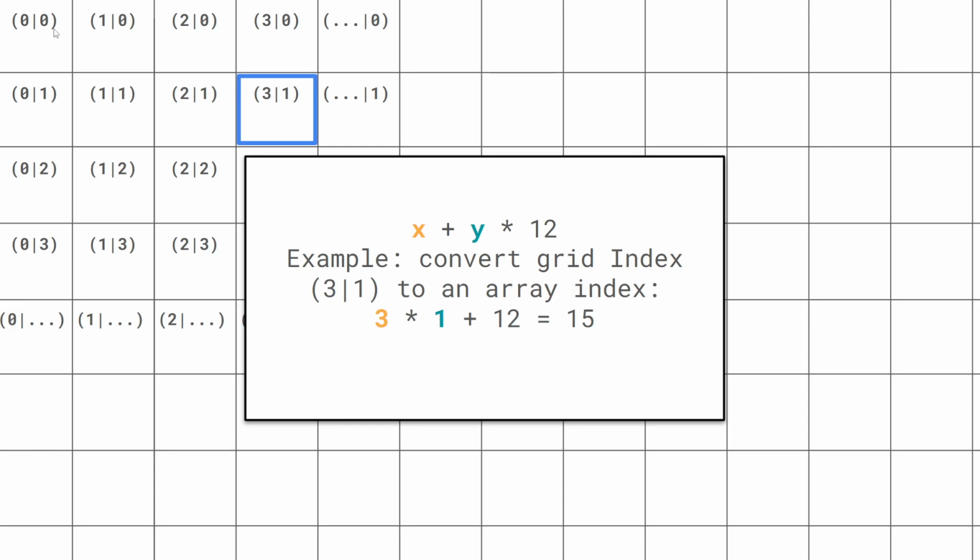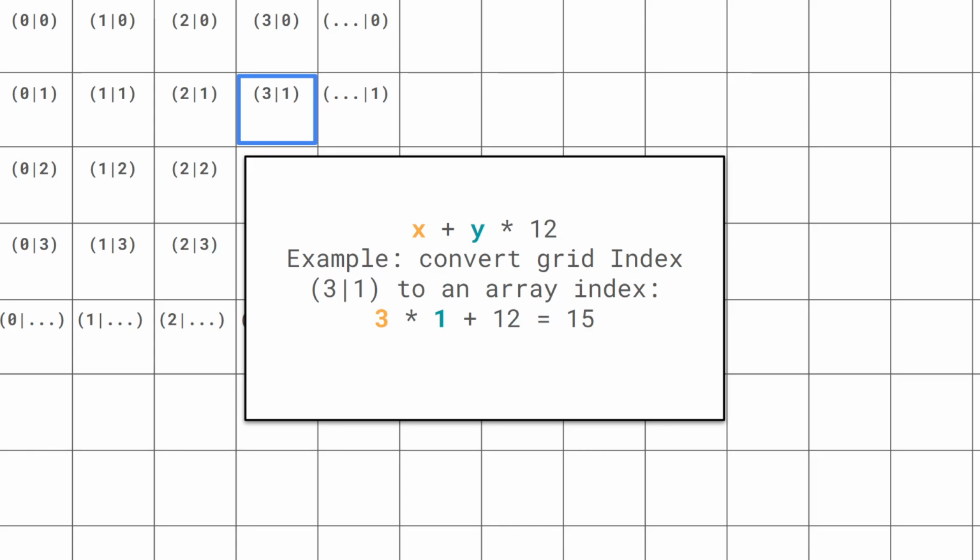So if we start here, the first index starts with 0. So 0, 1, 2, 3, 4, 5, 6, 7, 8, 9, 10, 11, 12, 13, 14, 15. That's right. We have the right index here. And now we can have a one-dimensional array of cells.